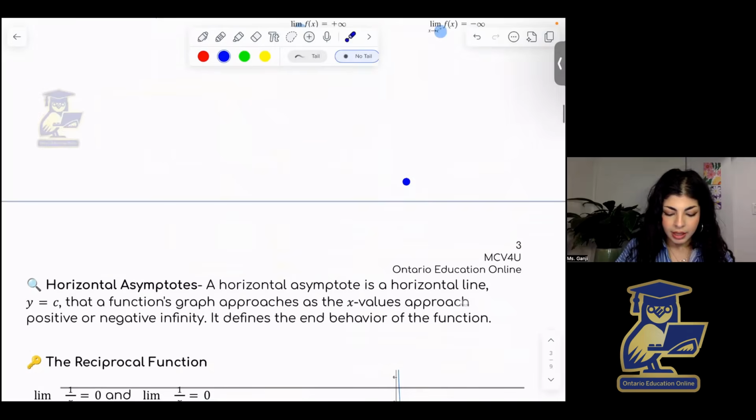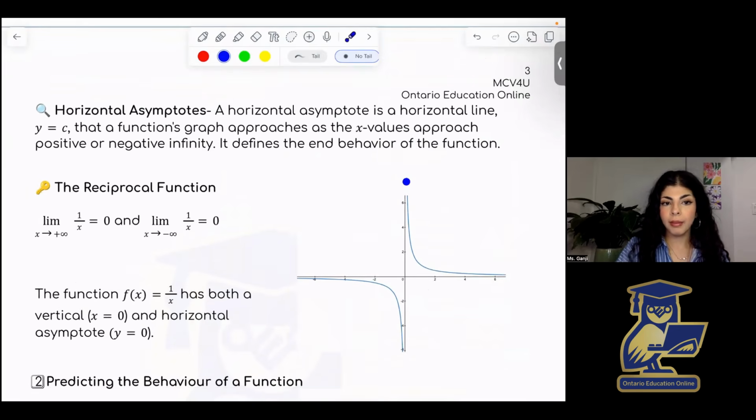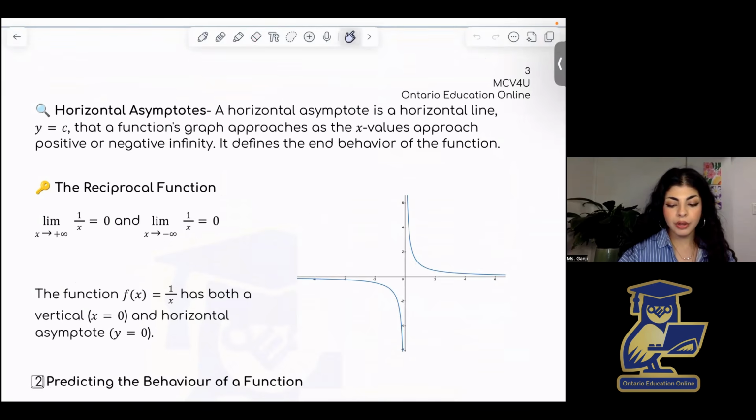And now we are looking at our second type of asymptote. So a horizontal asymptote is now a horizontal line, not a vertical line like the vertical asymptote. So it's a horizontal line y equals c, and the function's graph approaches a line as x is going towards positive or negative infinity.